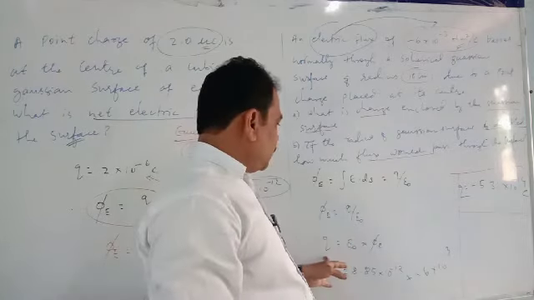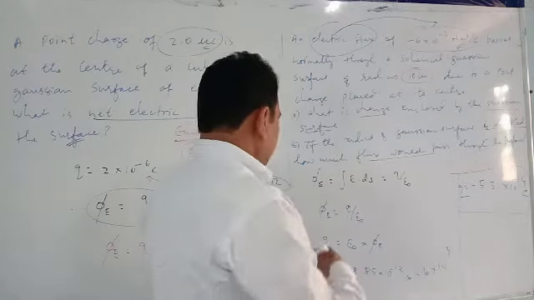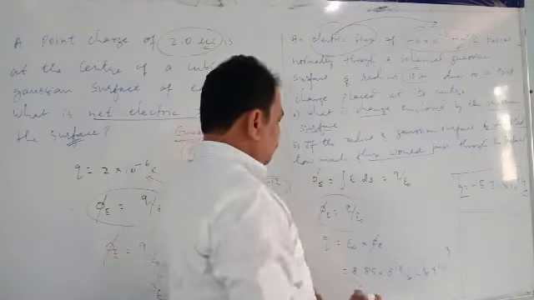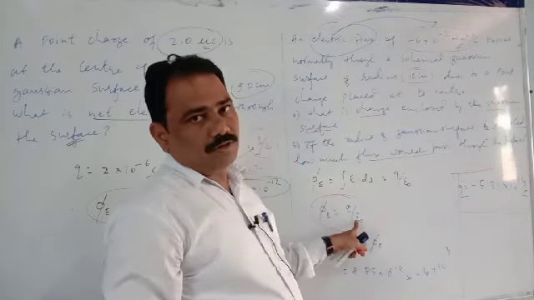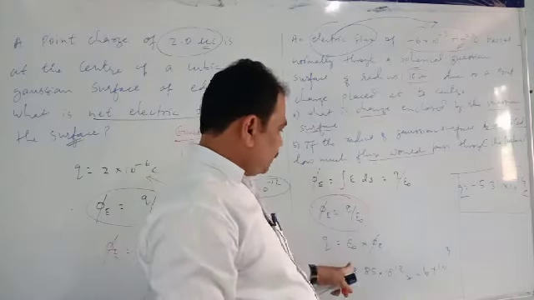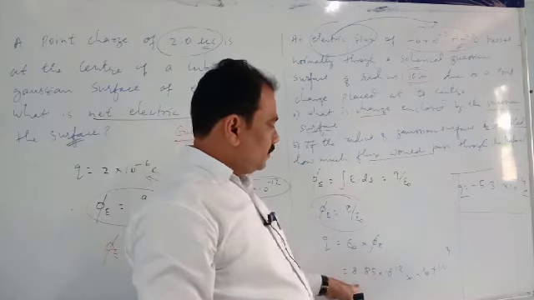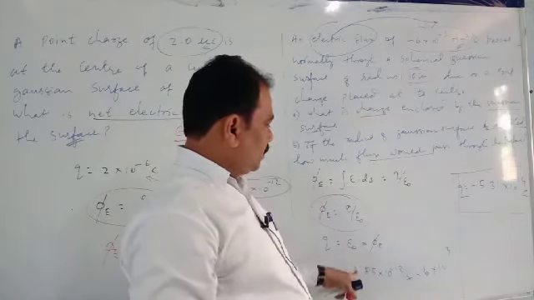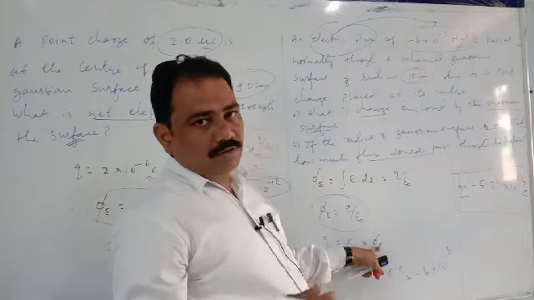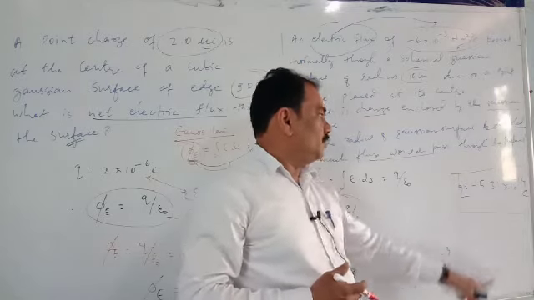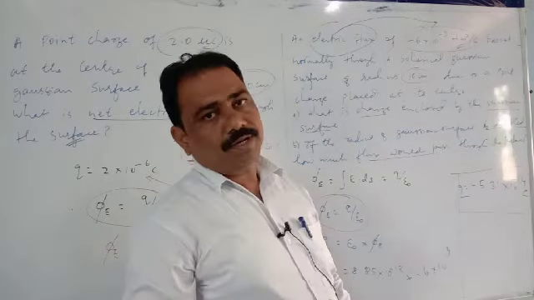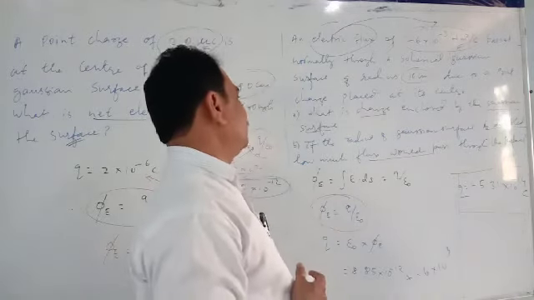To calculate charge, we again use this concept: electric flux multiplied by epsilon naught, that is permittivity of free space. If we put the constant value for epsilon naught and the given value for electric flux, the final answer will be q is equal to minus 5.31 into 10 to the power minus 14 Coulomb. So this is the charge.